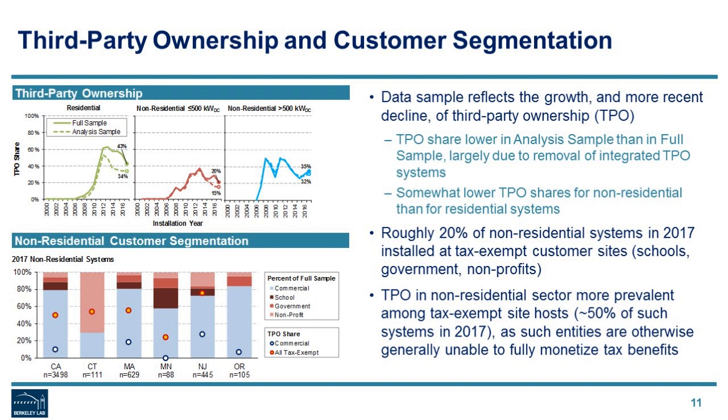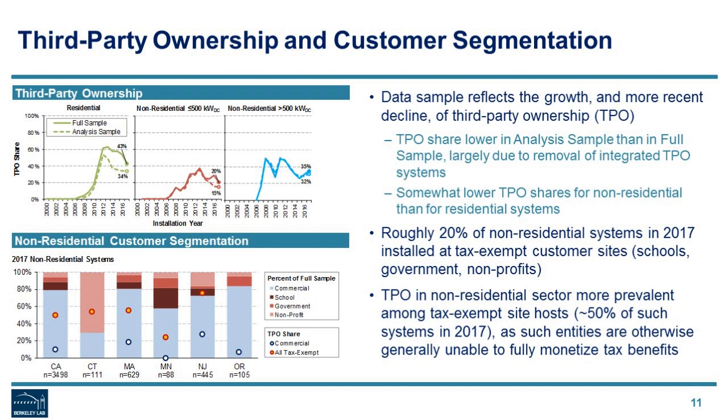Then in the bottom figure, where we dig into the composition of non-residential systems in our sample, you can see that depending on the state, about 20% or more of these non-residential systems were installed at tax-exempt customer sites.